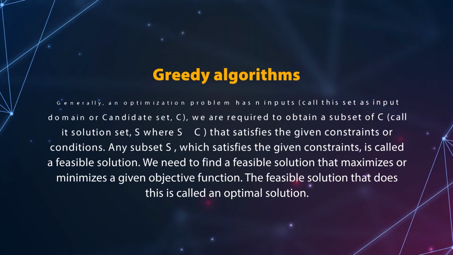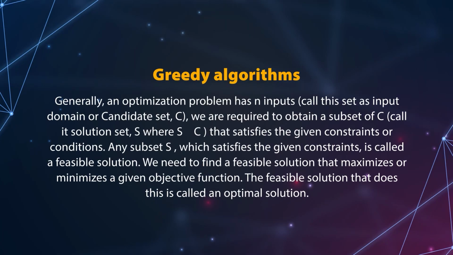So if we talk about the optimization problem itself, if we formalize this particular method, in general an optimization problem has n inputs, meaning that you will be given an input set or a candidate set, which can also be called a domain.